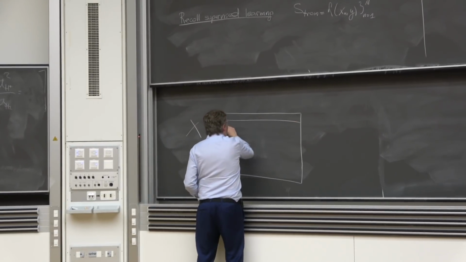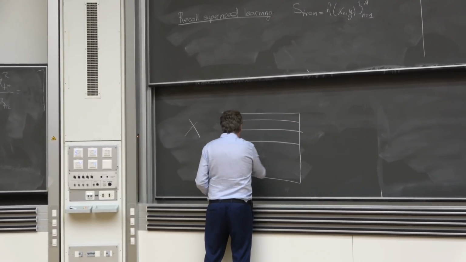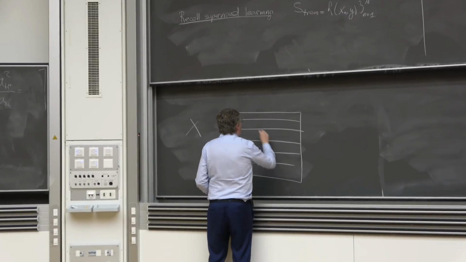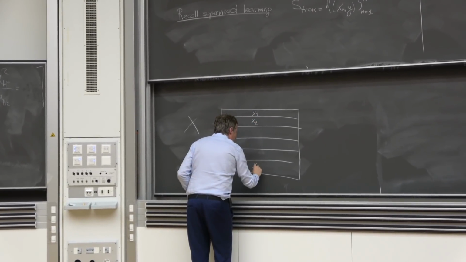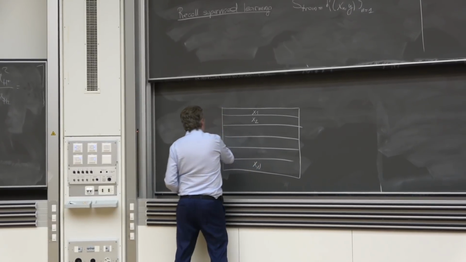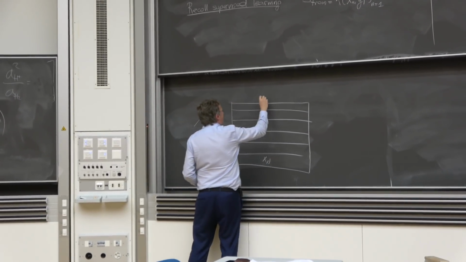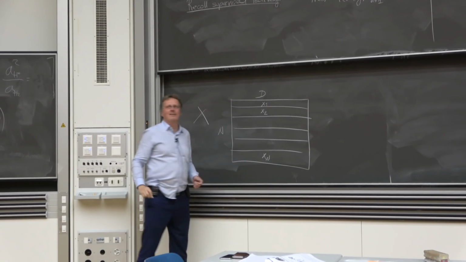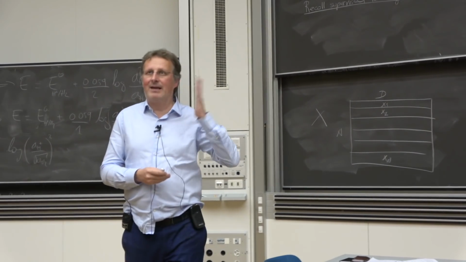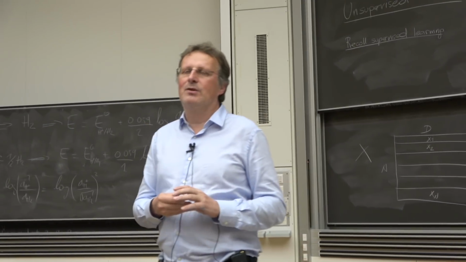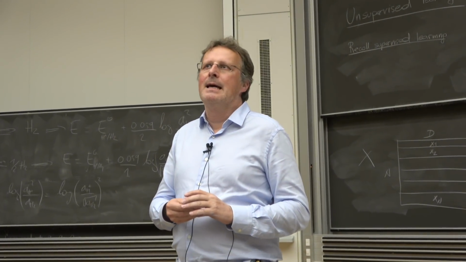We have x1, the first sample, x2, and xn, so we have n possible samples, and a length d. Typically these are real-valued entries, just vectors, right? So that's what we get when we do unsupervised learning.